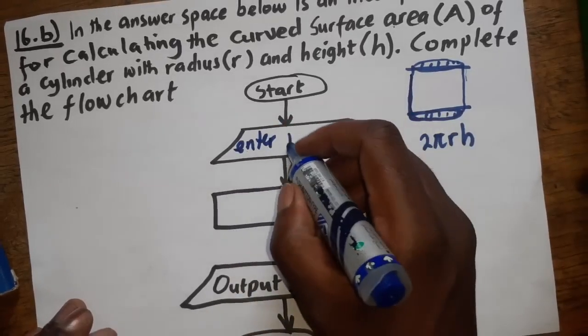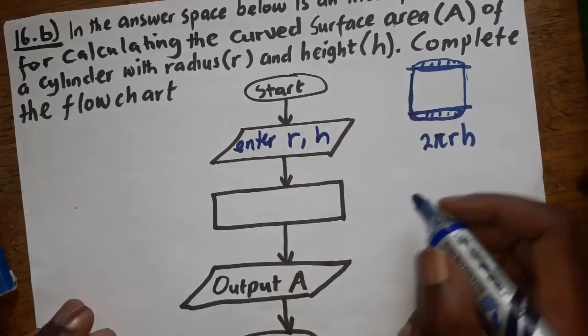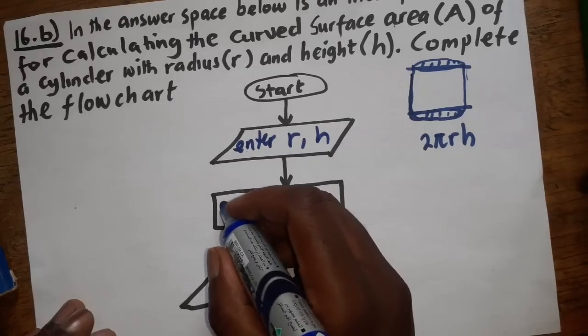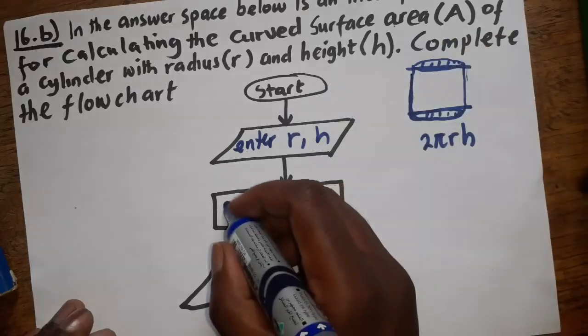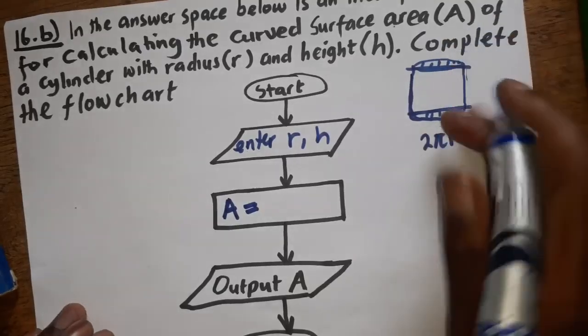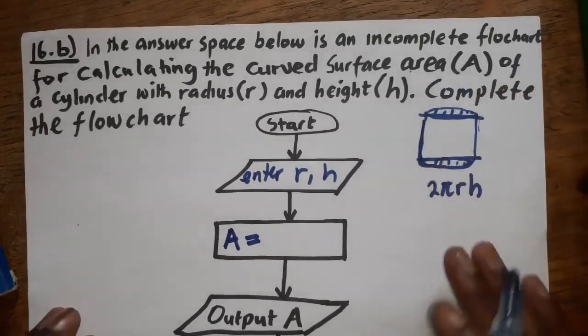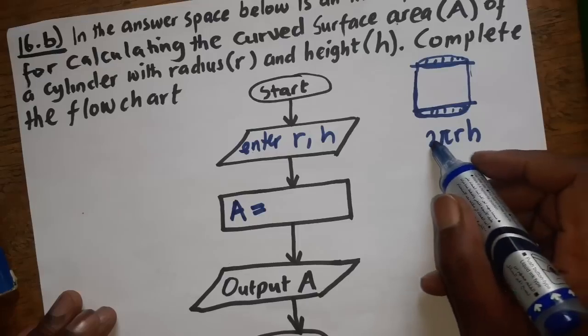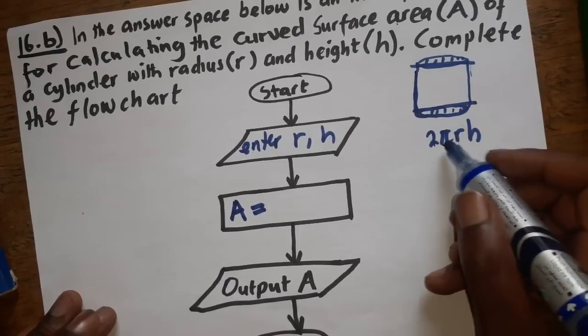What are we going to enter? R and H here. Then the curved surface area here, which is represented by the letter A, is equals to, now we can write this in full. These numbers are already there, like in the computer, they initialize.